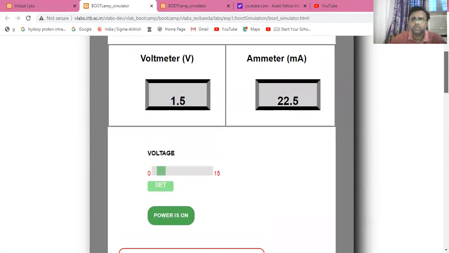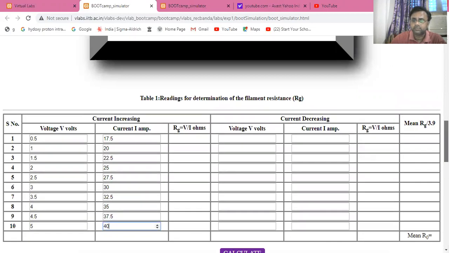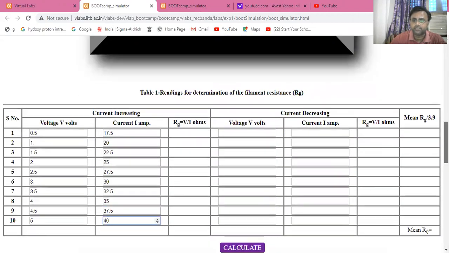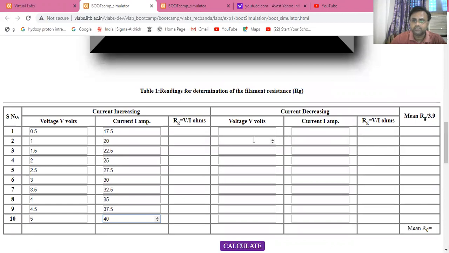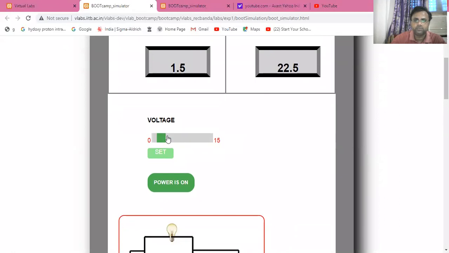Now we have to take the decrease in voltage reading. This means we will decrease the voltage, and the current will decrease.